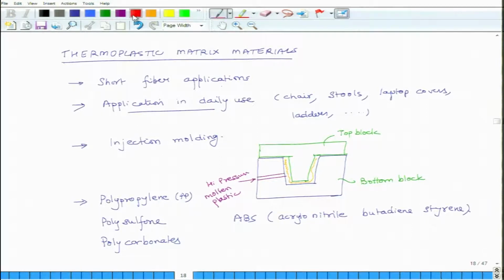So, that is why it is ABS. In all these different types of material, you can also have nylon.